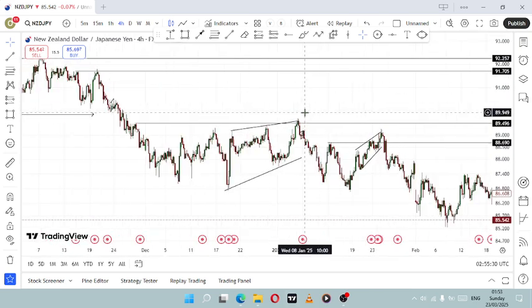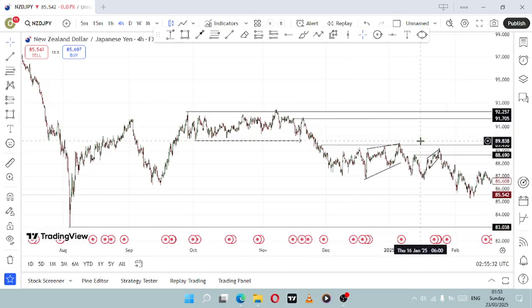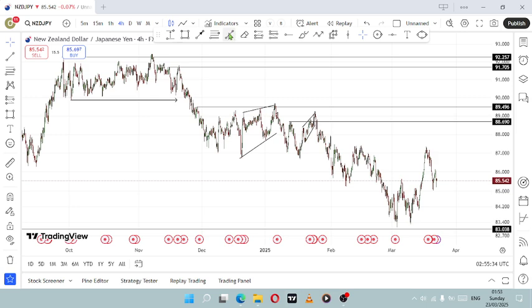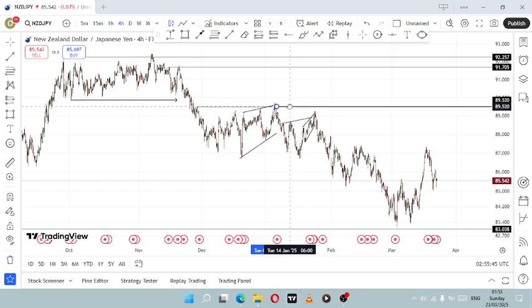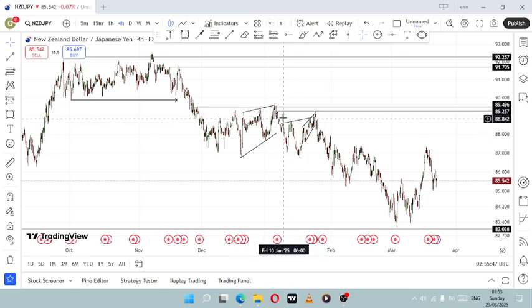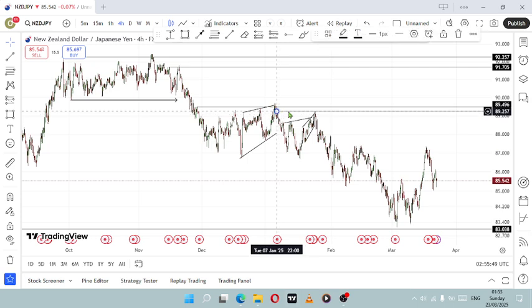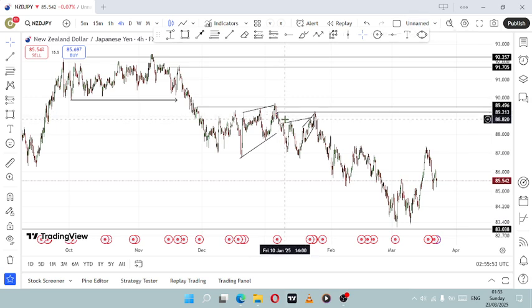But when I zoom out, we see a 1, 2, 3 structure. This 1, 2. And then price tapping into this value area where volume was built. Some 1 hour structure, volume was built there.